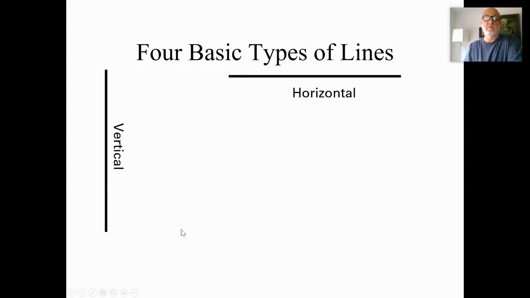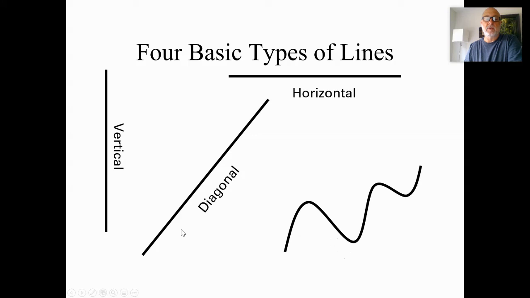Now, of all of these lines, outlines and contour lines, we create all of them from 4 basic types. There's vertical, horizontal, diagonal, and curved. From these 4 basic types of lines, we can have multiple variations.